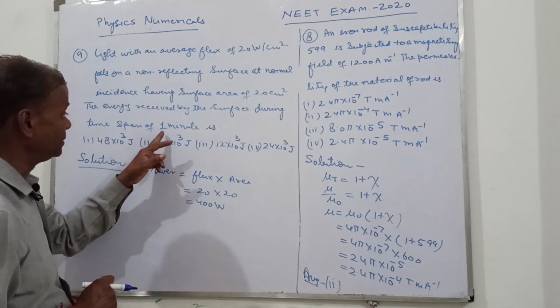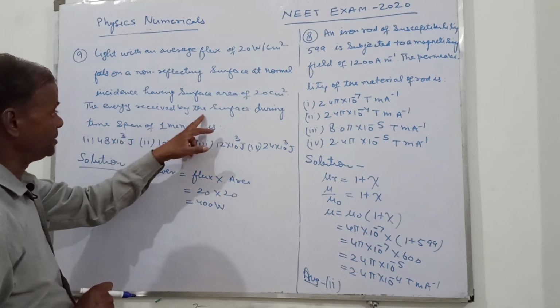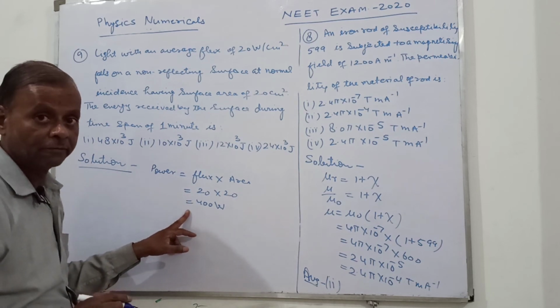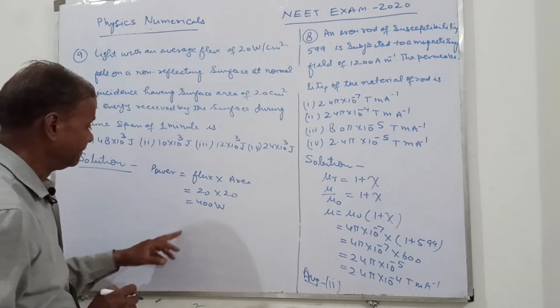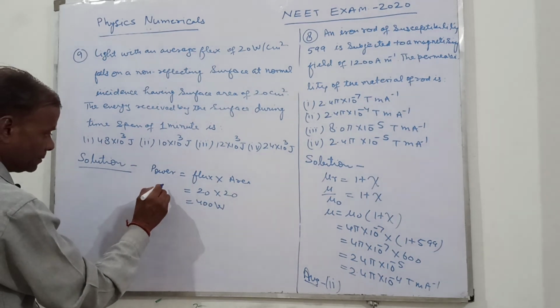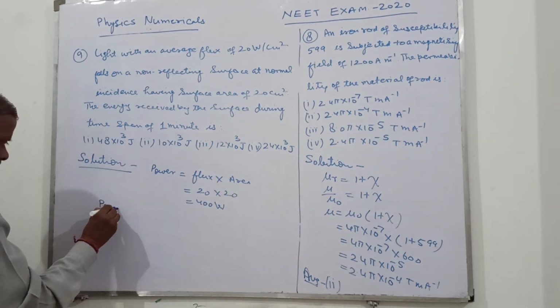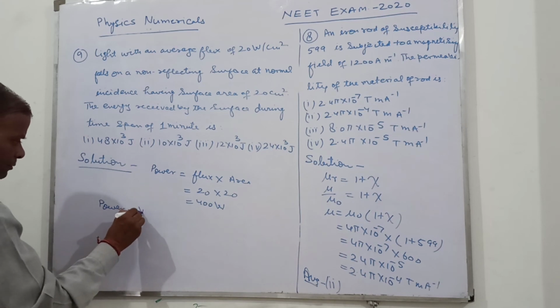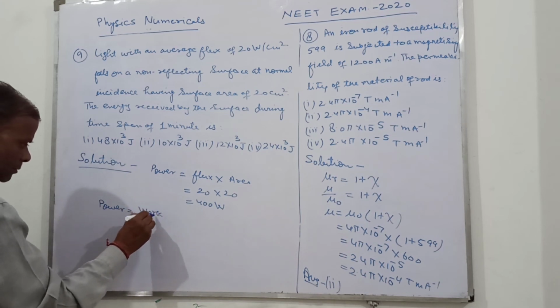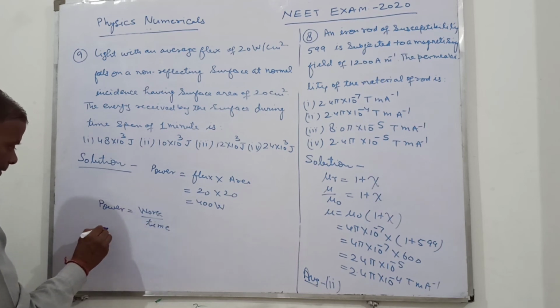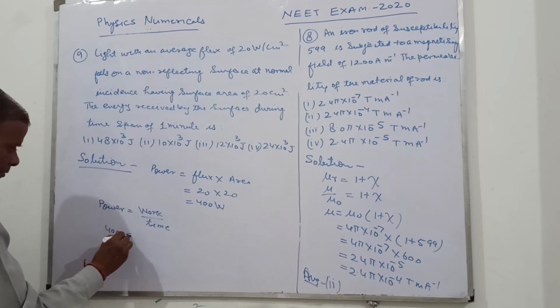You have to find the energy received in 1 minute. Then you apply the formula: power equal to work upon time. Power is given to you, now 400.